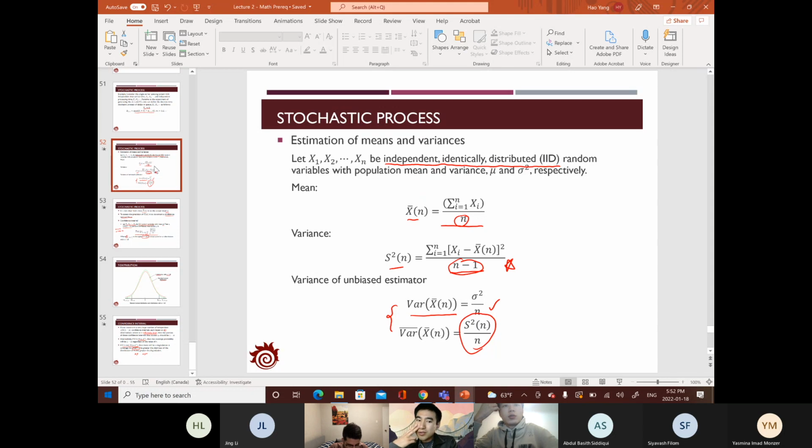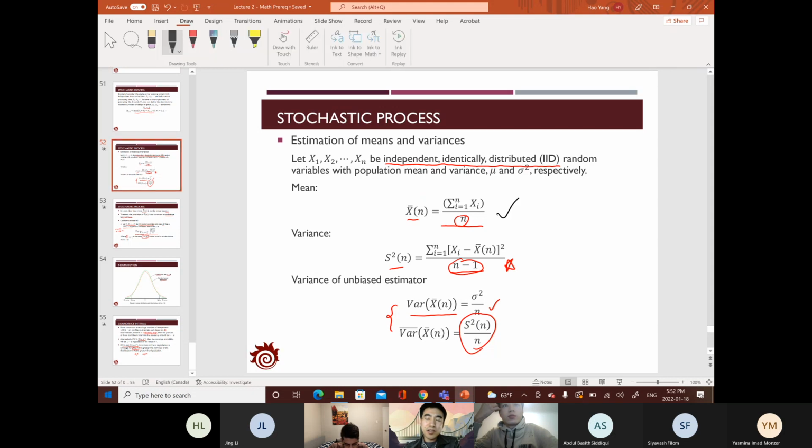So you know that x bar, if you check the first one, x bar is a mean of n random variables. So x bar is a sample mean, and it could be an unbiased estimation of the population mean, right? Yes. x bar is also a random variable.